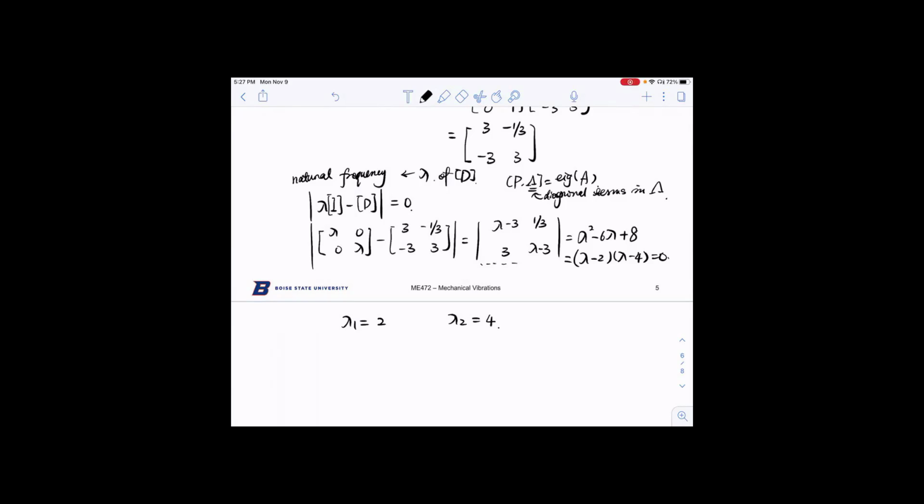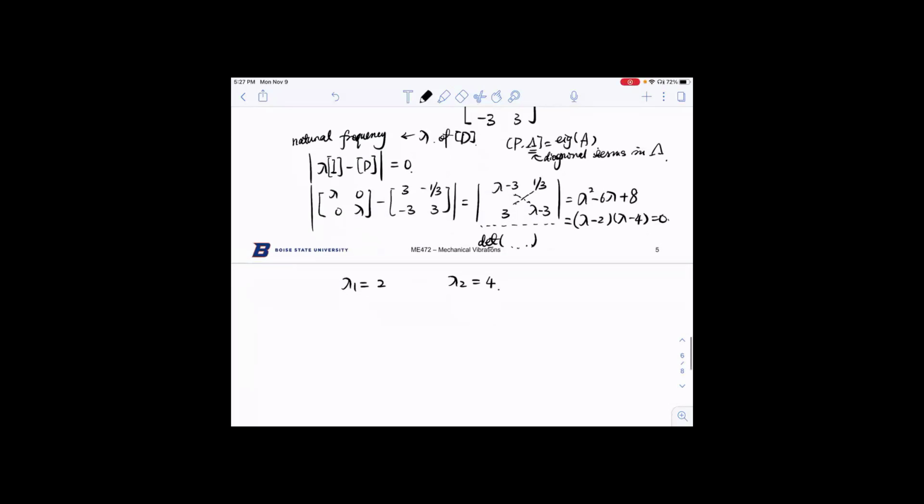If you forget how to calculate the determinant, in MATLAB it's just det of whatever matrix you put in. If it's only two-dimensional, you just multiply these two terms and subtract the multiplication of these two terms. But if it's three-dimensional or even higher order, then it becomes complicated. I suggest you use the det function.